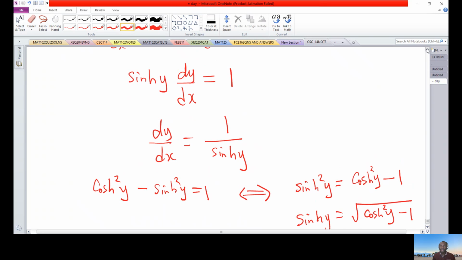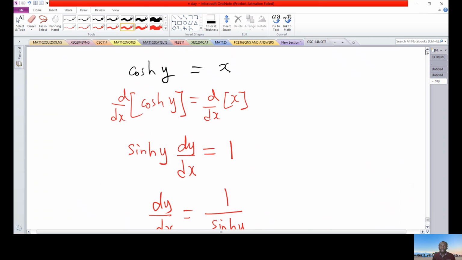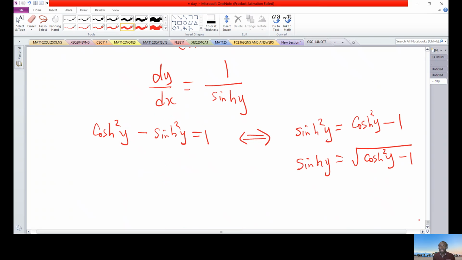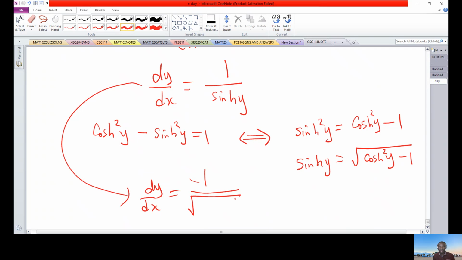But remember from the word go, hyperbolic cosine of y is x. So when you square it, it becomes x squared. So therefore dy/dx equals 1 over, instead of writing hyperbolic sine of y, you write the square root of hyperbolic cosine of y squared minus 1.